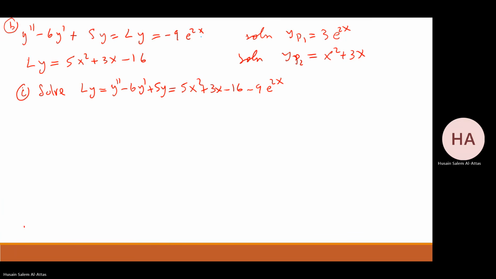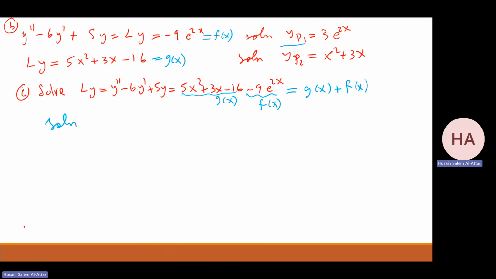Let me call this f of x. Let me call this g of x. What is this? This is g of x. And what is this? This is f of x. So this right-hand side is g of x plus f of x. So it will be my solution, since I know yp1 is a solution where I have f of x, and yp2 is a solution where I have g of x in the right-hand side.